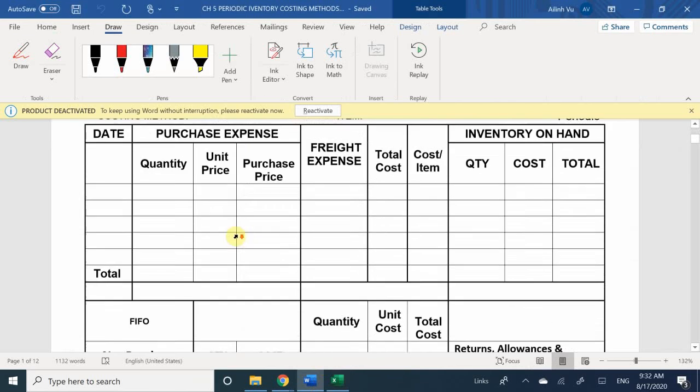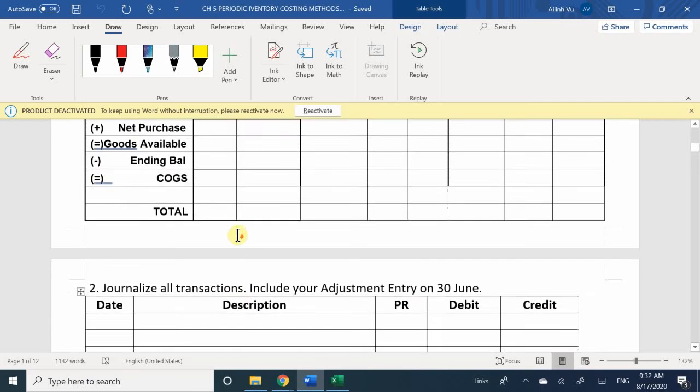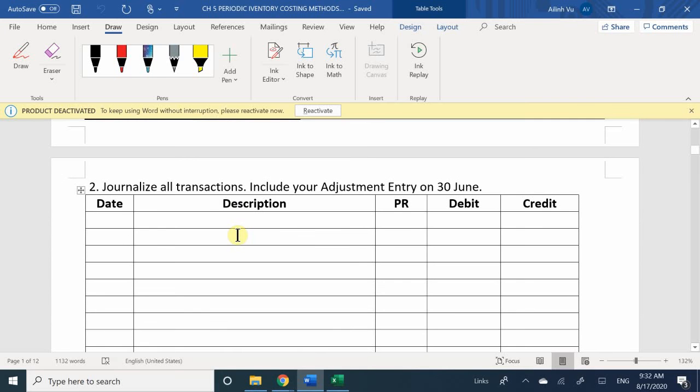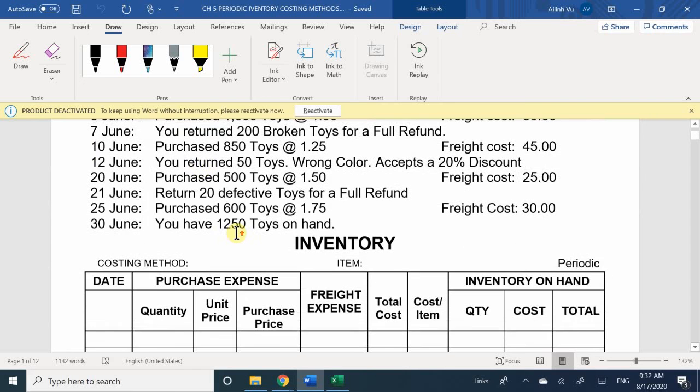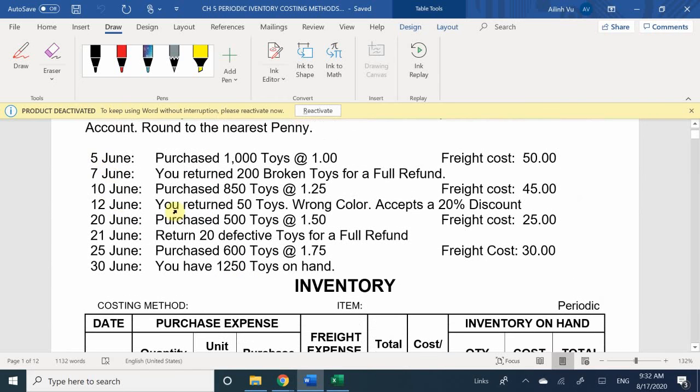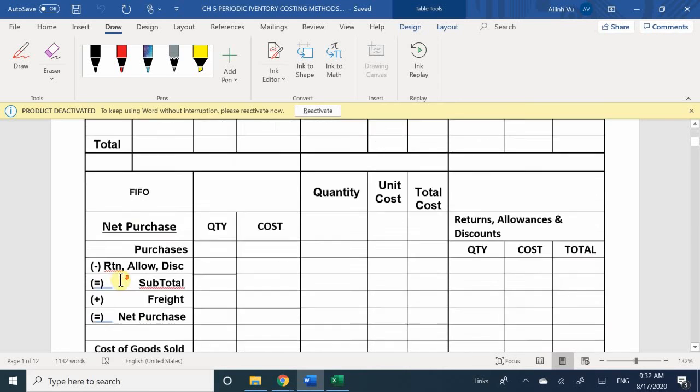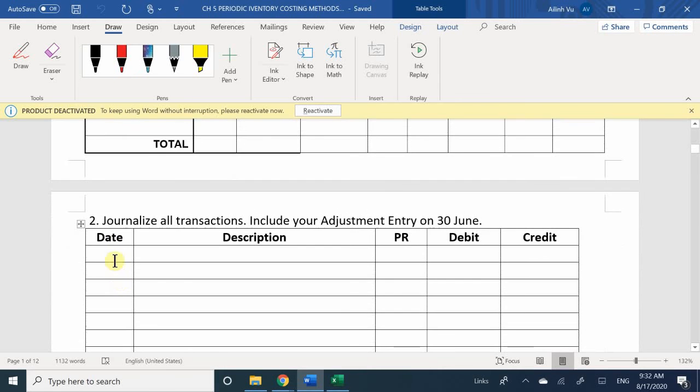We were supposed to be journalizing first, posting to the worksheet, and then continuing. So let's go ahead and journalize those first 4 transactions that we just incurred, and then proceed from there. So on June 5th, what was my journal entry here?